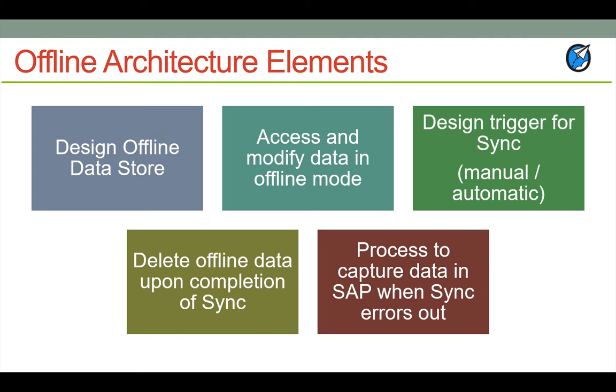So this is where a fail-safe mechanism needs to be developed, and this is one of the key elements of ensuring that we don't lose data that's captured on the device when it errors out.